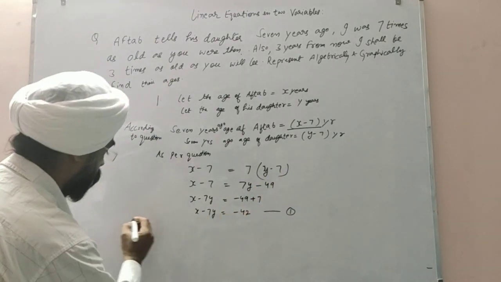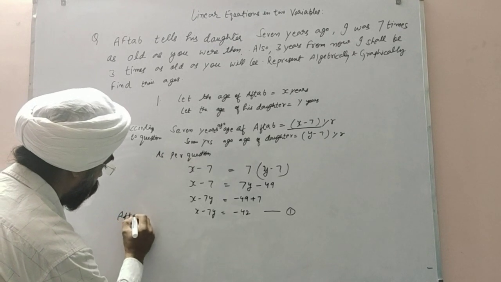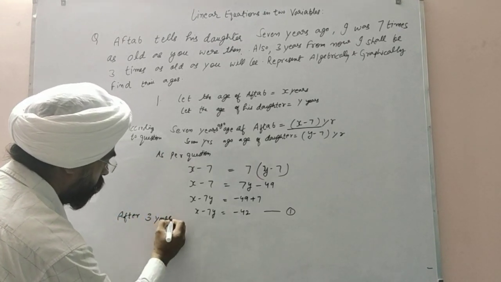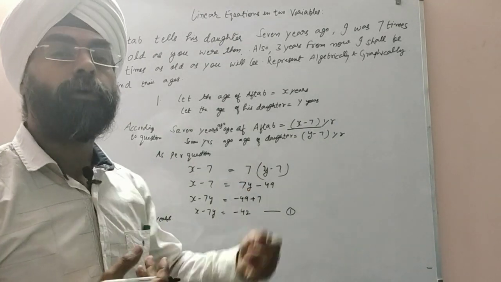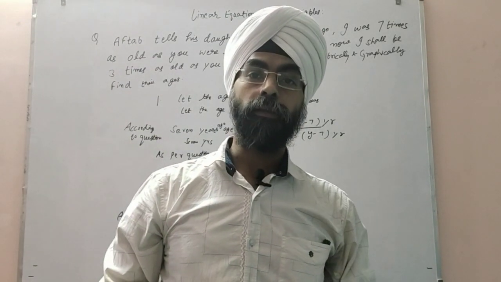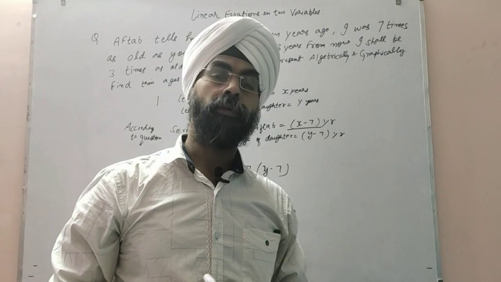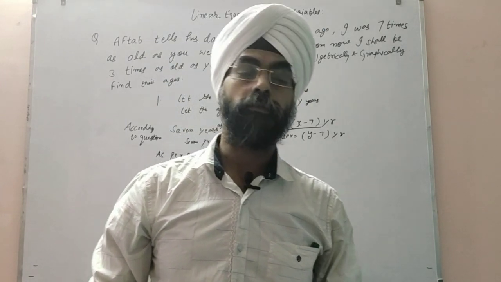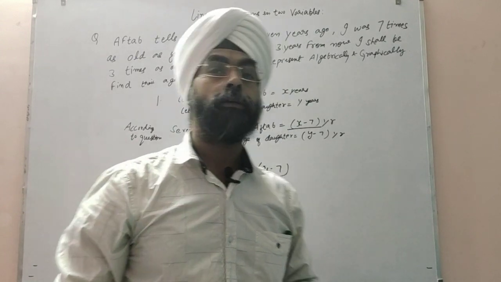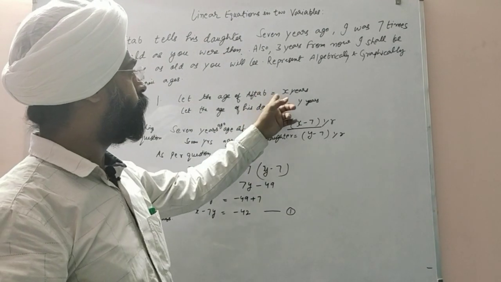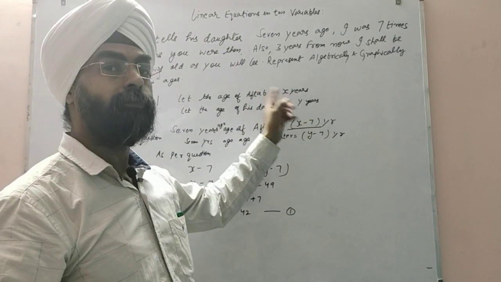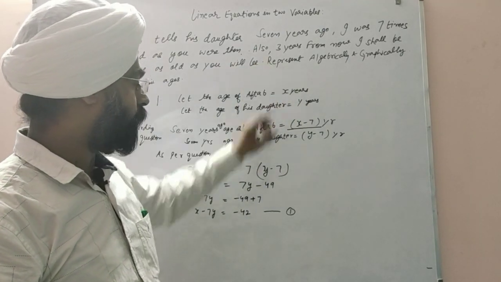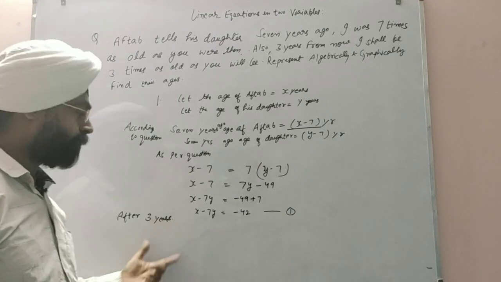So let's take an example: if you are at the age of 14 years at present, after 3 years you will become 17 years. You just have to add 14 plus 3, 17, to your present age. Present age we have taken x and y, x for Aftab, y for his daughter.